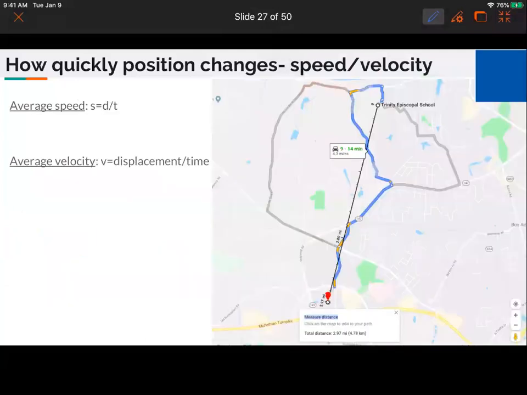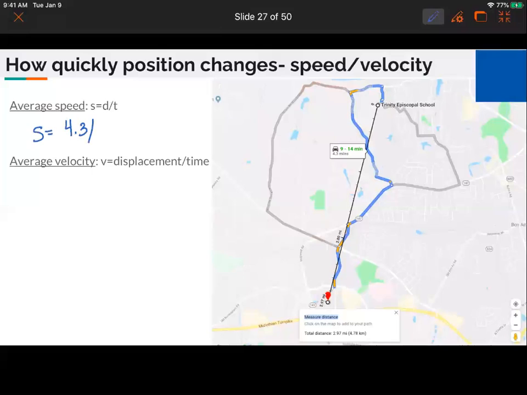So we can go back to Chesterfield Town Center from school. And the question is, what is the average speed from the time you leave school until you get to Chesterfield Town Center? For that, we just take the distance and divide by the time. So the distance traveled is 4.3 miles. And let's say what's your fastest average speed?